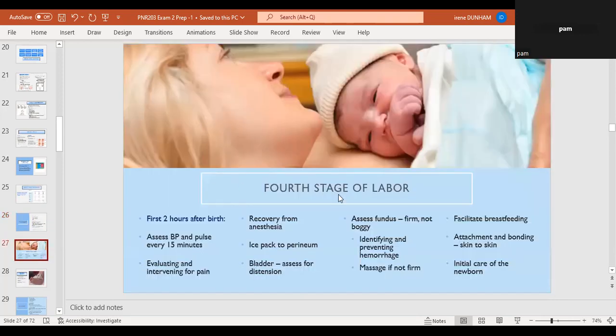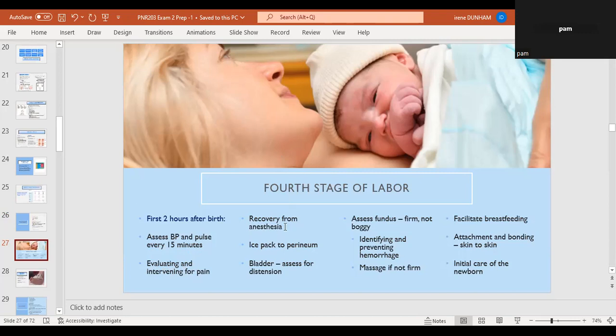Okay. Now here's your 4th stage of labor, and really nice. And just remember something. 4th stage of labor is the first 2 hours after birth. Write that down. Note it. And then you're going to assess blood pressure and pulse on mom every 15 minutes. And then you want to evaluate and intervene for pain, of course.